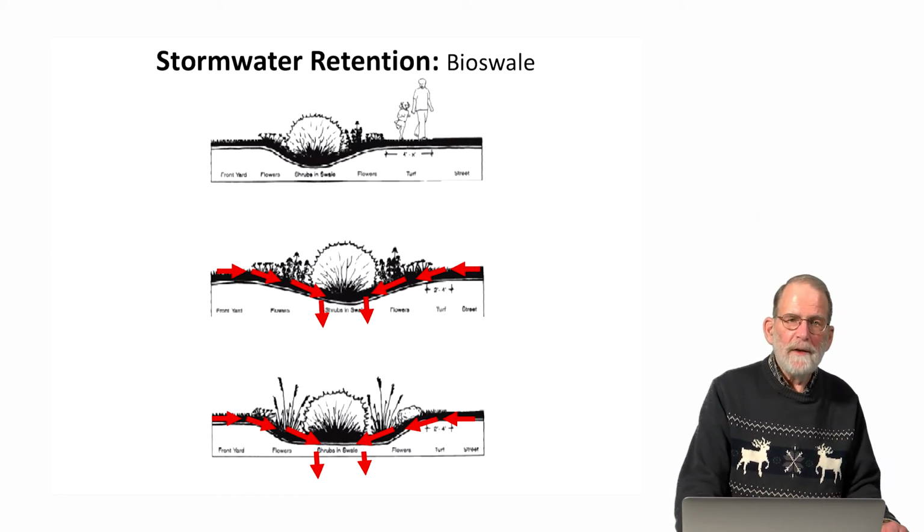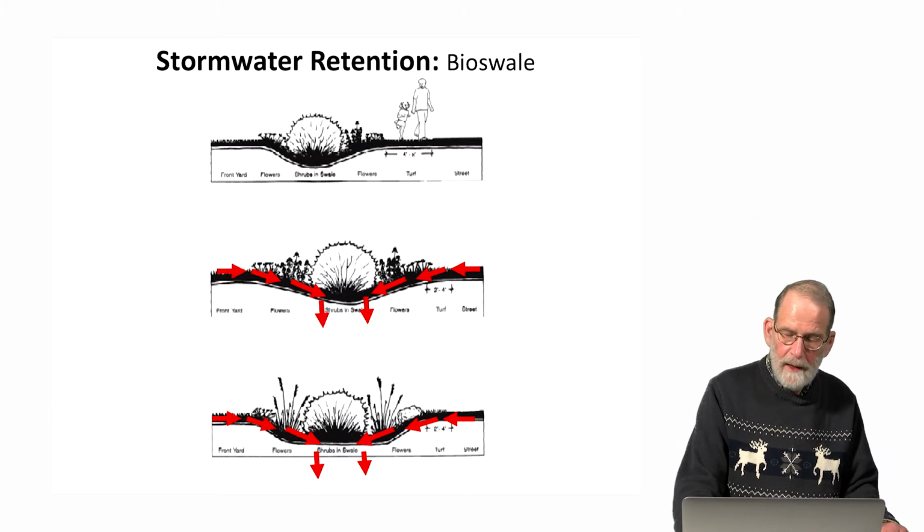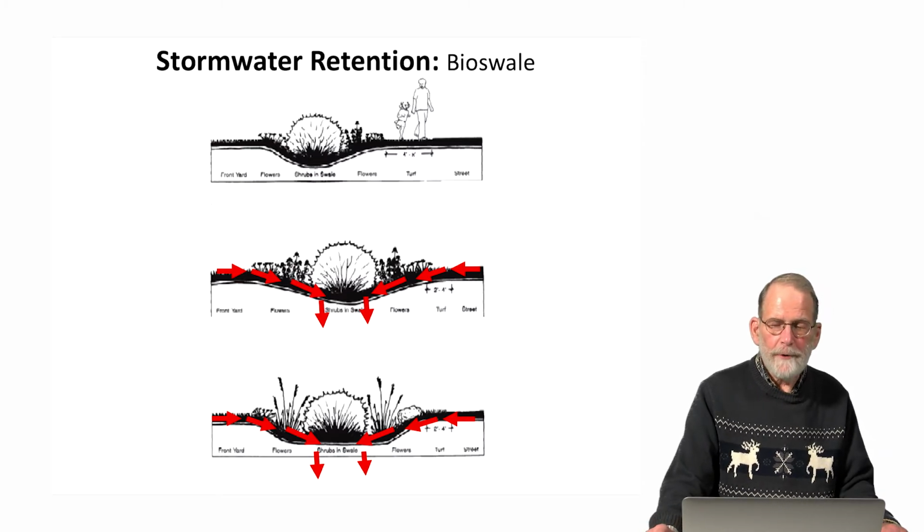Bioswales is the same idea, except we are planting the swale with plant material. The landscape underneath of the swale, again, has some kind of drainage property to it, high drainage property with gravel understorage.